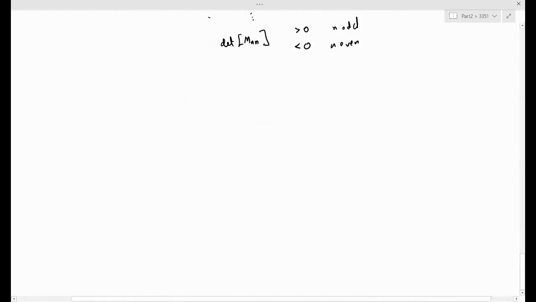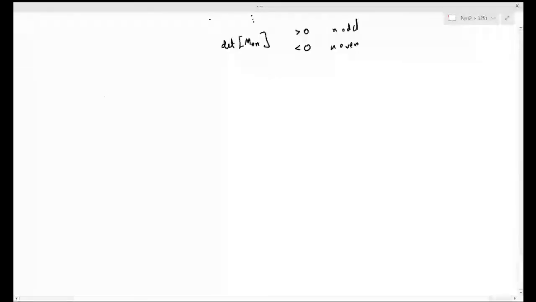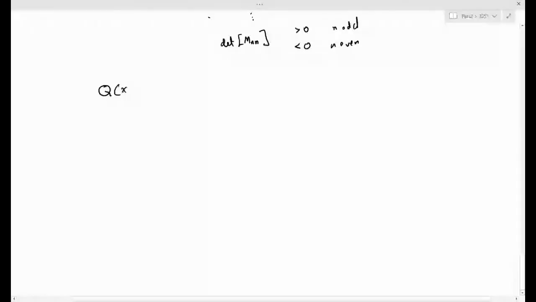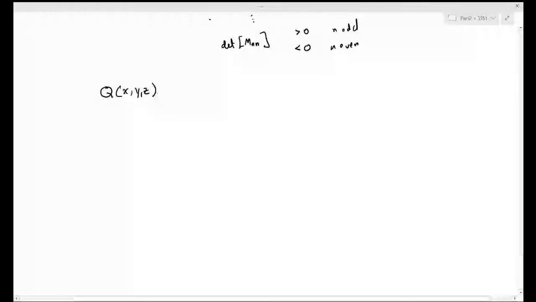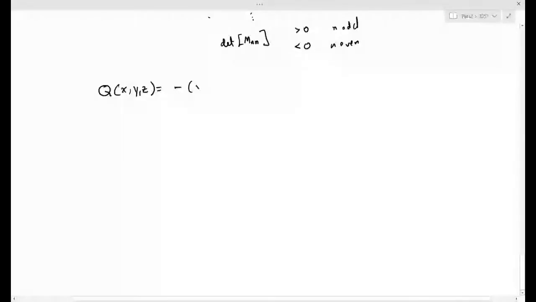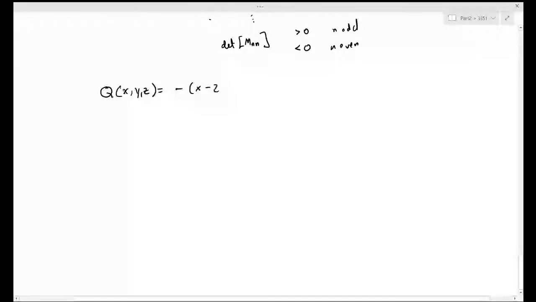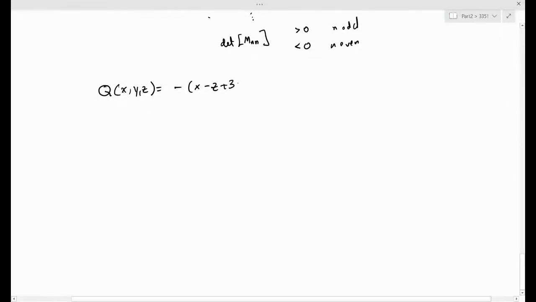So, for example, you can easily come up with some silly quadratic form, which is negative definite. Or is it?